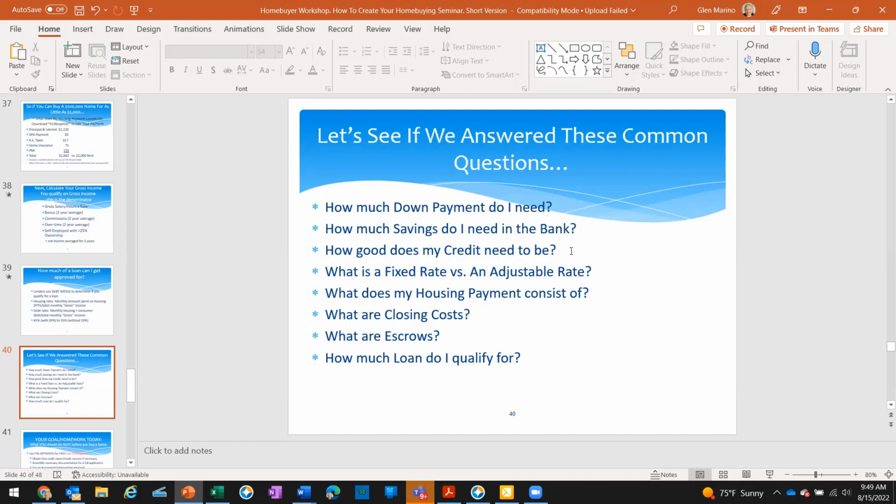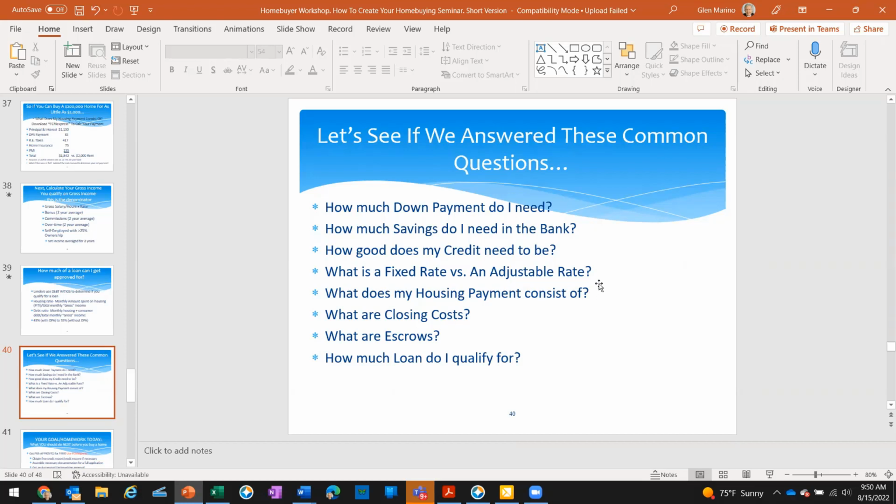How good does my credit need to be? As low as 580. We'd like to see it at 640 or better so we can offer you down payment assistance. What's a fixed rate versus an adjustable rate? We didn't really talk about it, but most people are still buying real estate using fixed rates since they can fix in their payment. They know it's not going to jump up significantly from year to year, as the rent might. What does my housing payment consist of?